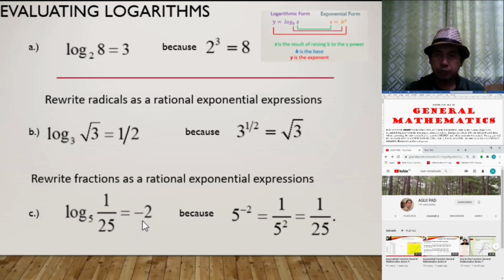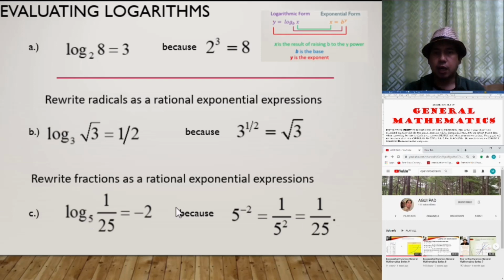Our negative 2 in the logarithmic form is the same as your y. And so, in the exponential form, negative 2 will always be the exponent. Okay, so you have in here 5 raised to negative 2. As I said, base is always the base, be it in the logarithm or exponential form.